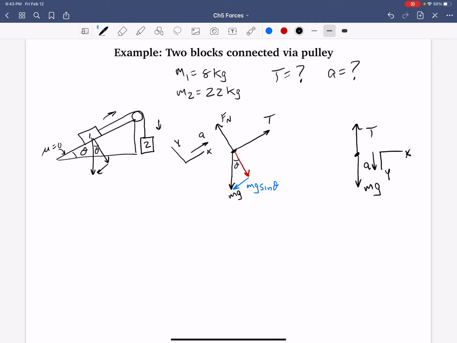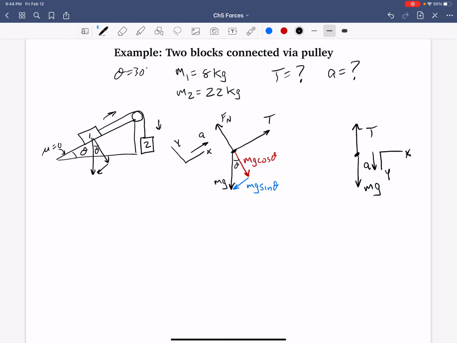Going back to lab 1. There we go. Okay. And in red, I need to draw, this is mg cosine theta. All right. So let me take mg and put it over here. There we go. All right.